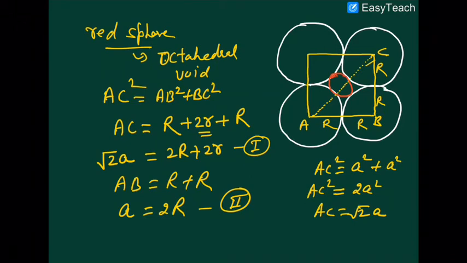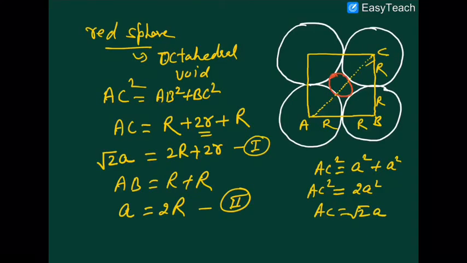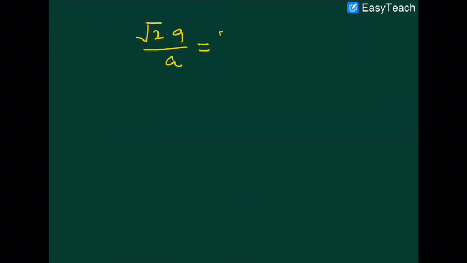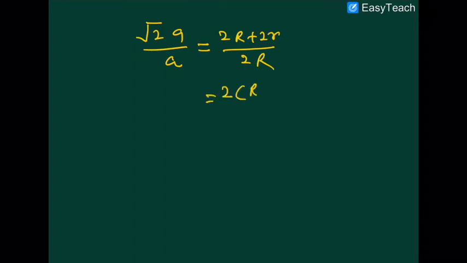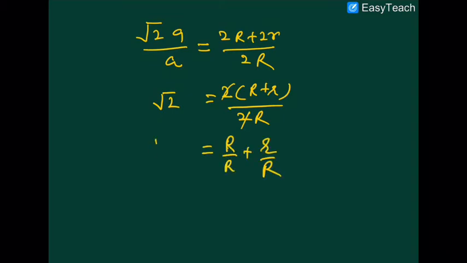So if you divide 1 and 2, what are you able to get? You are able to get root 2a by a divided by 2R plus 2r by 2R. Take out R as common, so it becomes root 2 is equal to R by R plus r by R. Root 2 is 1.414.